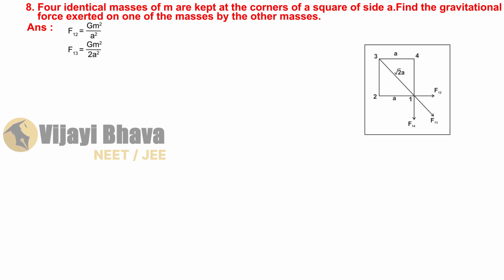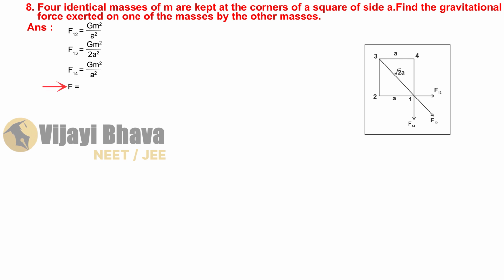Similarly, let us calculate the force between bodies 3 and 4. It will be similar to the force between 1 and 2. So the force between first and fourth body F of 1 4 is equal to GM square by a square again. Let us calculate the magnitude of all the forces.